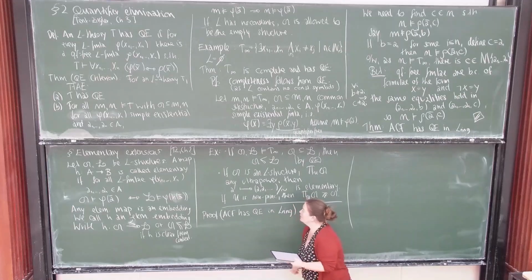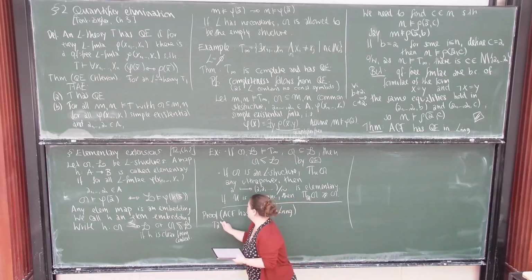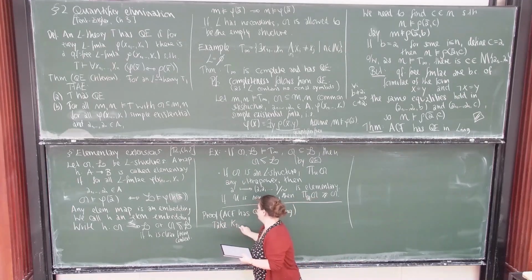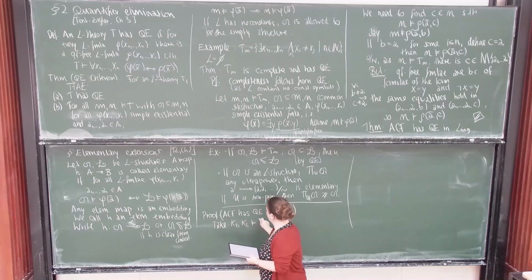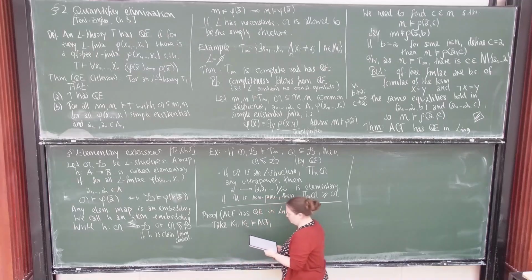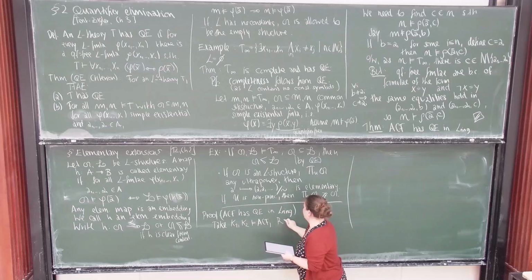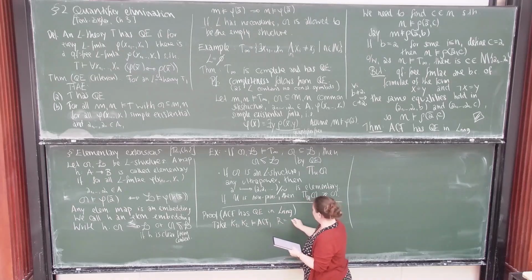Okay, so take two algebraically closed fields. And let R be a common substructure, and without loss of generality, I let my common substructure be finitely generated.